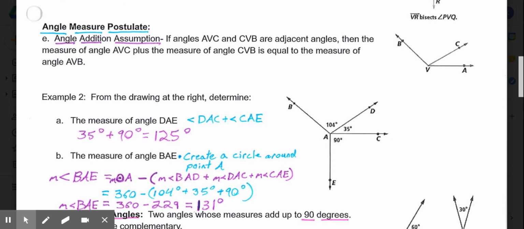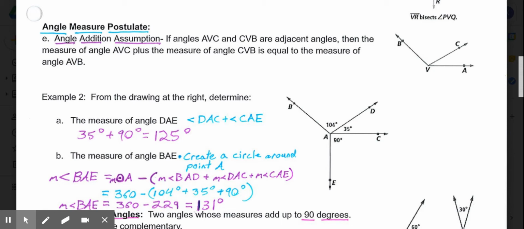And then we have the angle measure postulate. And the angle measure postulate has a key piece, which is the angle addition assumption. So we already looked at some of the angle measure postulates in a previous lesson.